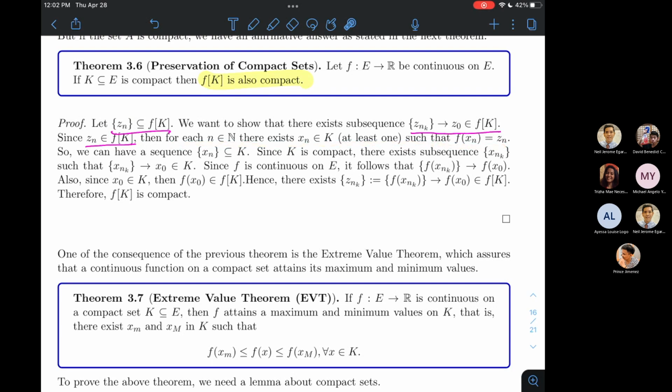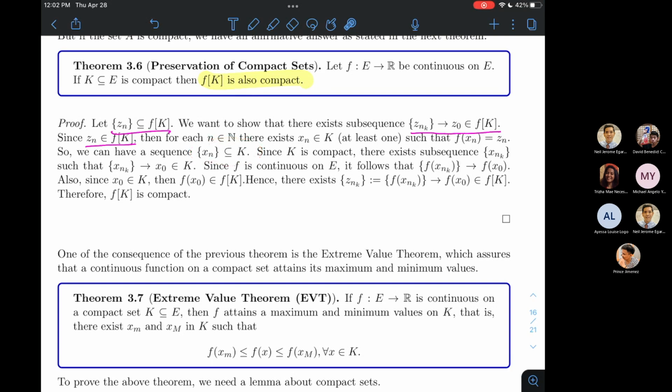There exists some x sub n inside capital K such that f of x sub n is equal to c sub n. Right? So dahil nangyayari yun, pwede kong makonstruct yung sequence na x sub n, alright? Ang x sub n ay yung pre-image ni c sub n. Kung sino yung element ni K na nagbigay sa akin ng function value na c sub n, siya yung tatawagin kong x sub n.